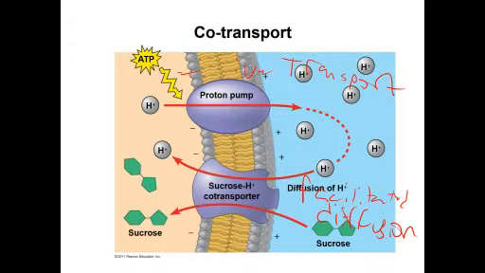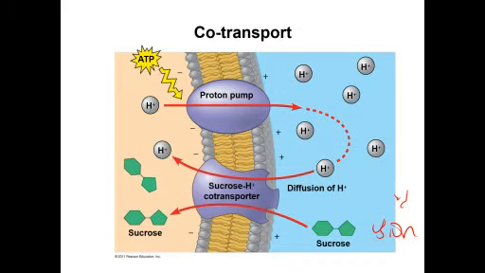In this case, we're looking at coupled transport, where the cell is pumping out protons into the extracellular environment against its concentration gradient. Requires ATP.